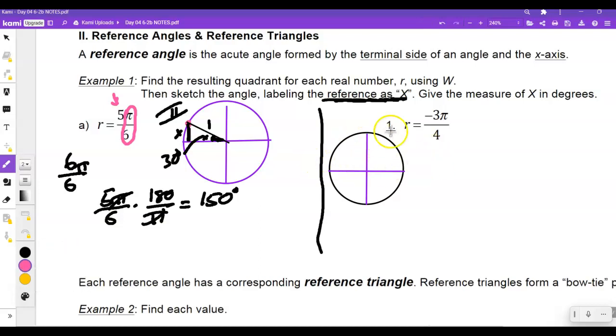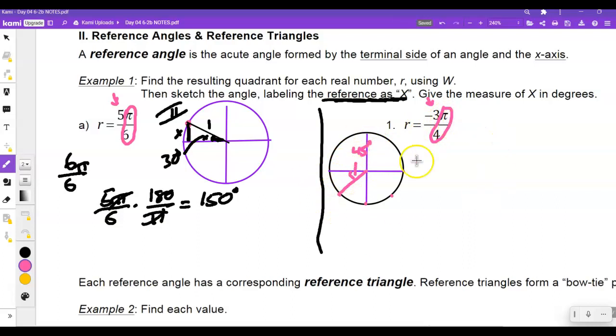45. Now we're awake. Okay, so we know that pi over 4 is a 45-degree angle. So I'm looking at 3 of them going in the opposite direction, right? So 45-1, 45-2, 45-3. So there's my triangle, right? And it has a 45-degree reference angle.